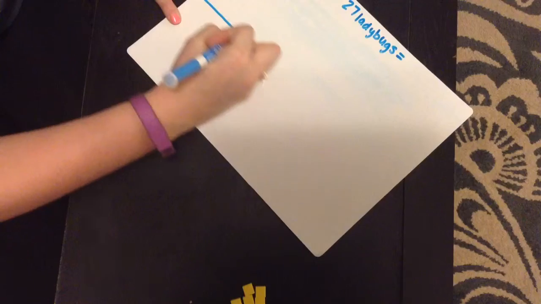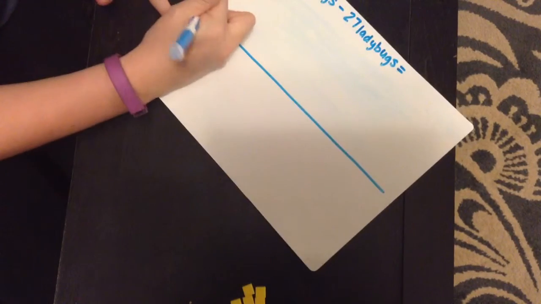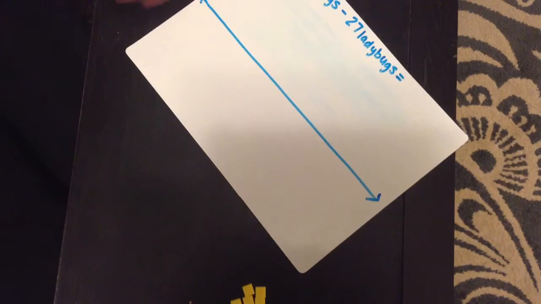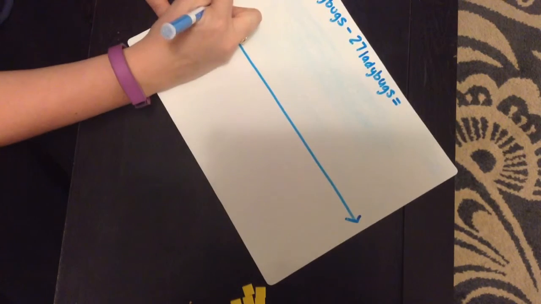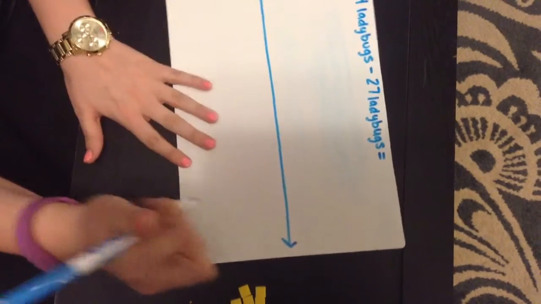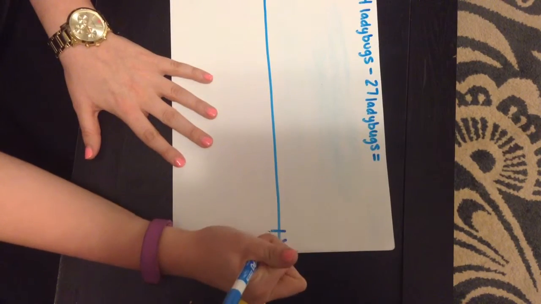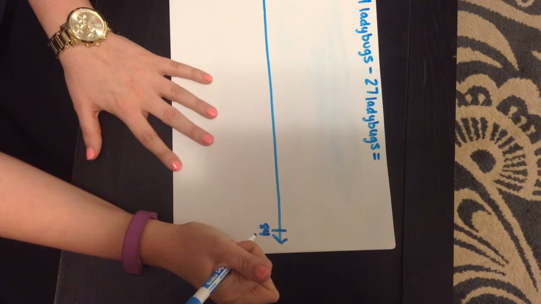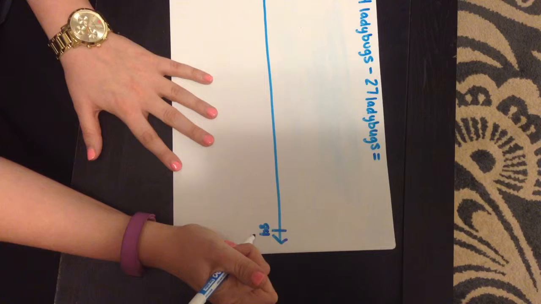So to use a linear model, we're going to start off by drawing a straight line across our whiteboard with arrows at each end, meaning that the line is never ending, it continues for infinity and beyond. On our left side, we'll start at a 0. And on our right side, we're going to start at an 84 because that is our total number of ladybugs that we're starting out with.